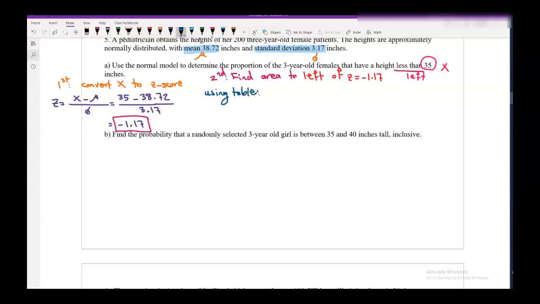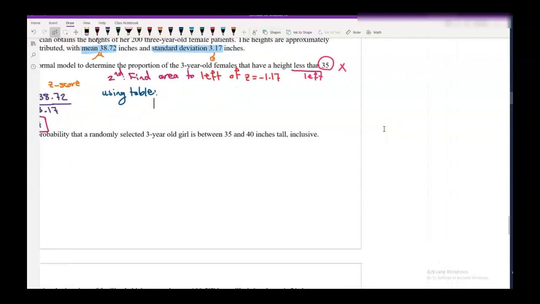First, using the table, we have to use z equal to negative 1.17. So here we have a negative z-score, and our answer should be less than 50%. Before using our table, I'm going to add a note here. If we have a negative z-score, that means the area should be less than or equal to 50%.